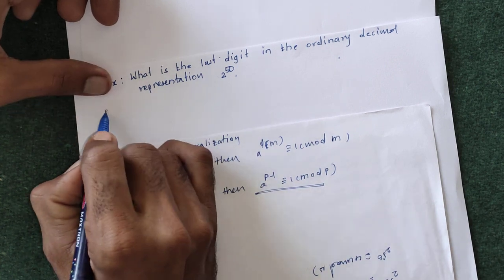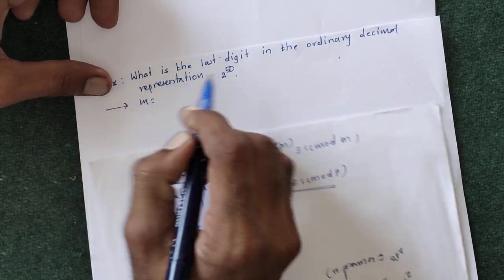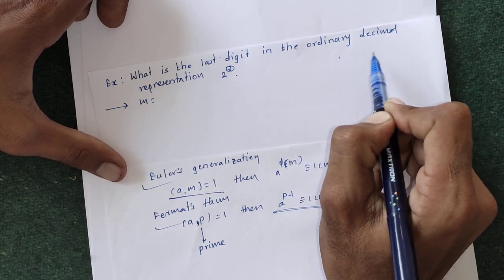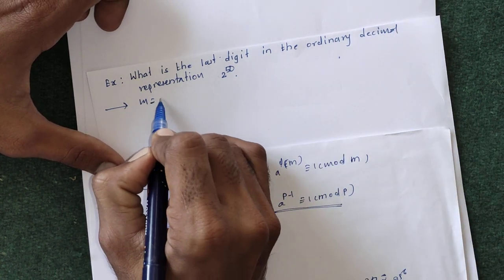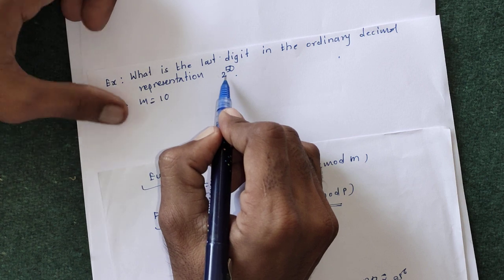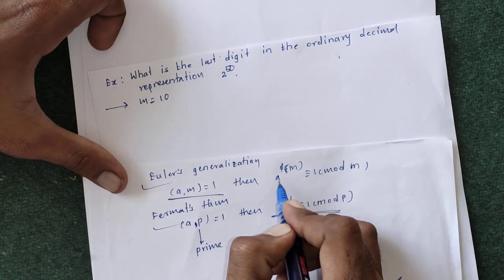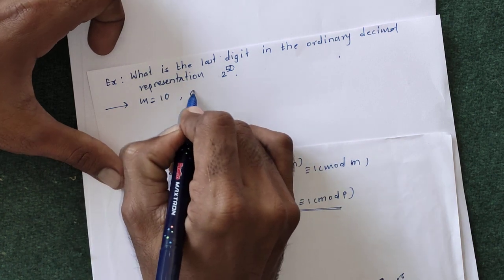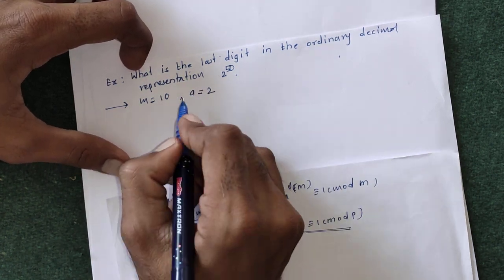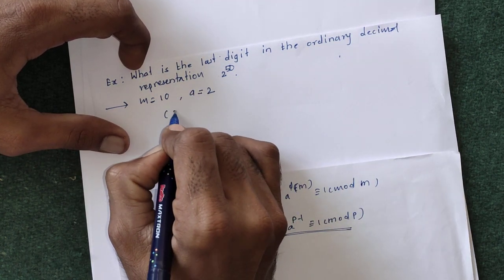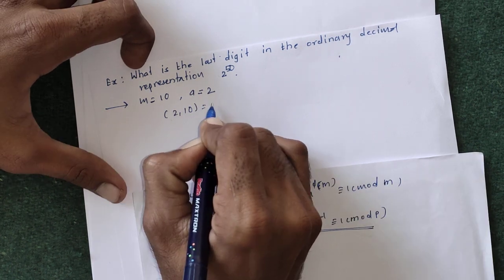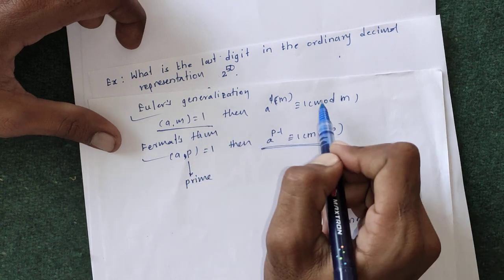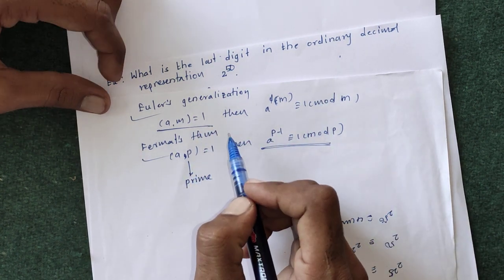So we take M equal to 10, since decimal stands for 10, and A is equal to 2. If you find the GCD of 2 and 10, the greatest common divisor of 2 and 10 is 2.